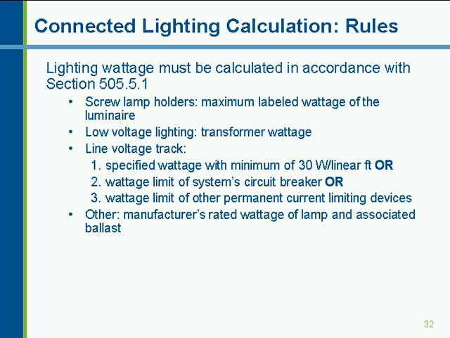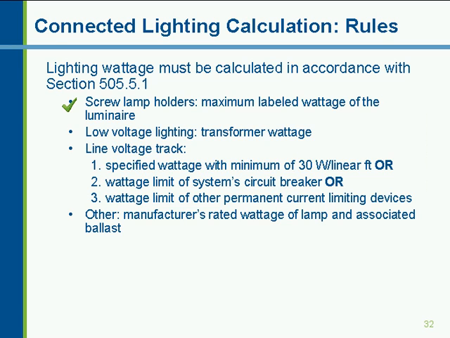Here's an example of the rules for connected lighting power. You must calculate your screw lamp holders. These will be your typical Edison-based. So let's look at how that calculation is to be done. There are some rules that have to be followed when you're calculating your installed wattage. For screw lamp holders, the typical Edison-based product, can lights, etc., it must be the maximum labeled wattage of the luminaire.